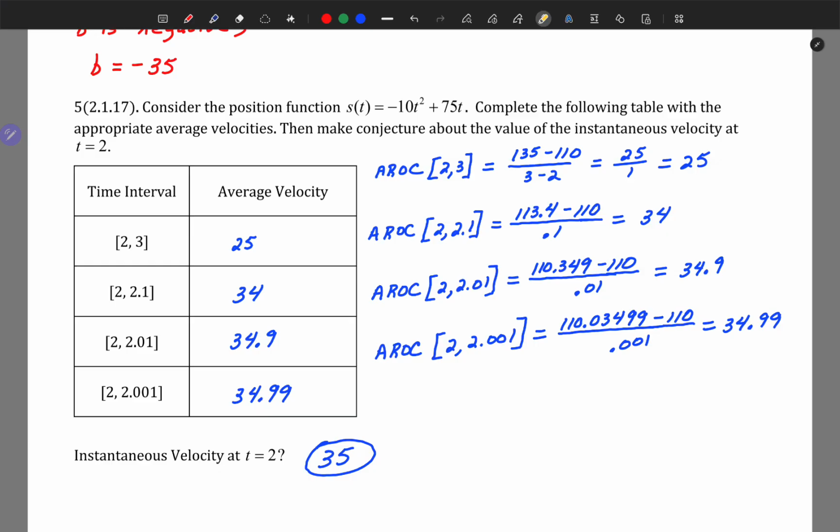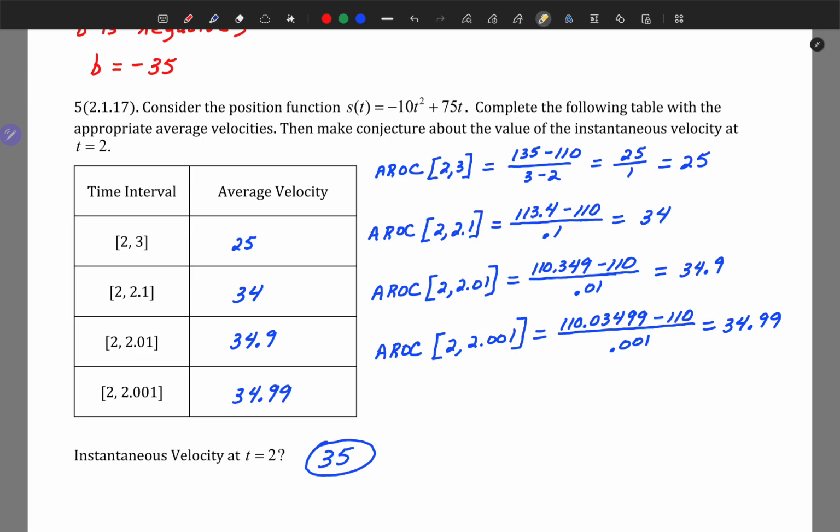We should always see our average velocity start to approach some value as the time gets less and less and less. Notice in this case, first time elapsed was 1 second, then 1/10 of a second, then 100th of a second, then 1,000th of a second. Over these time intervals, we should see a pattern in what our average velocities approach.